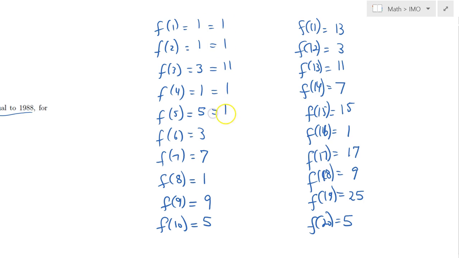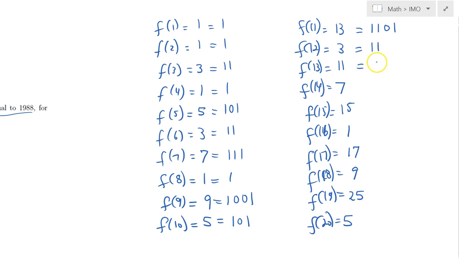So this is 1 0 1, that one would be 1 1. 7 can be represented as 1 1 1, right? 1 plus 2 plus 4, and then we have 1, and then we have 1 0 0 1, 1 plus 8. And then this one would be 1 0 1, so 1 plus 4. This one would be 1, and then 13 would be 8 plus 4 plus 1. And this one would be again 1 1.